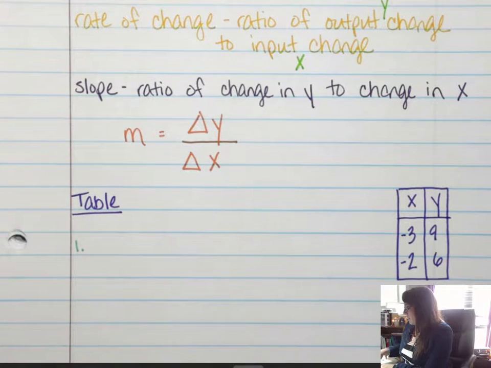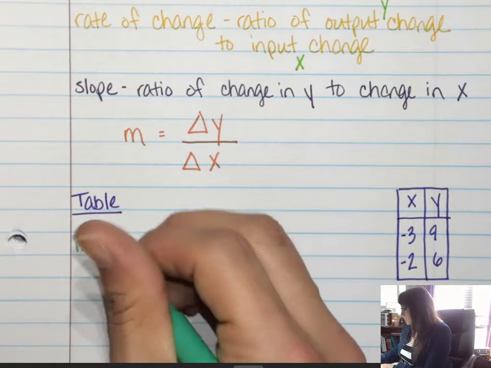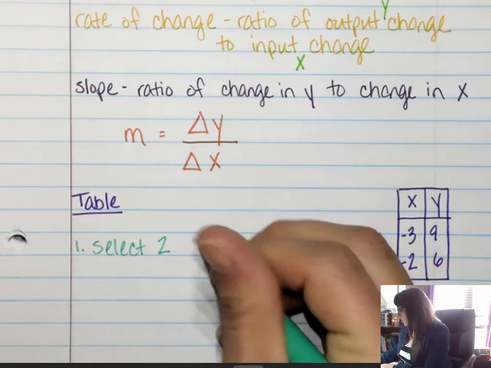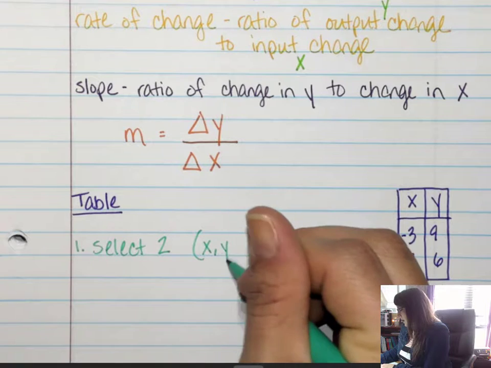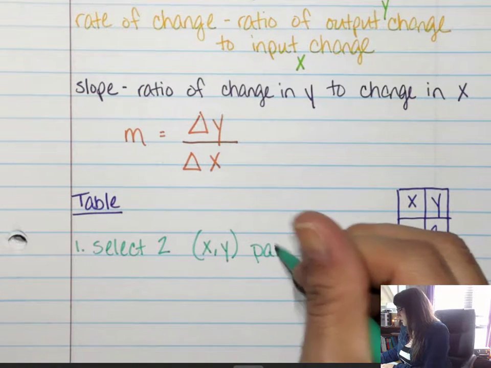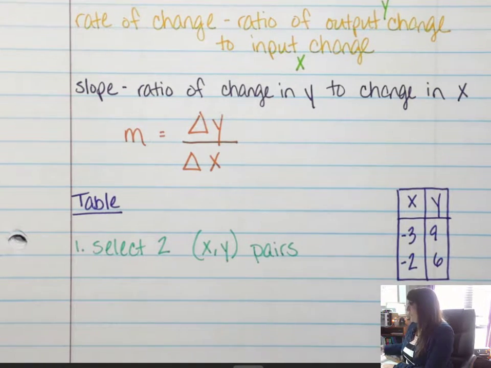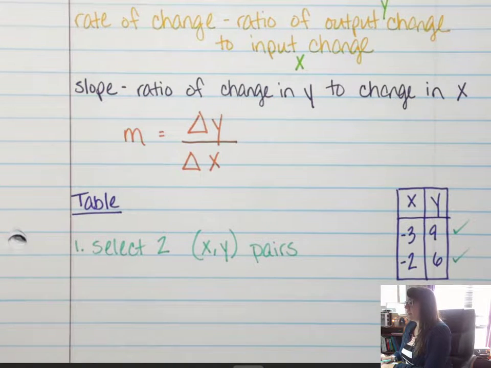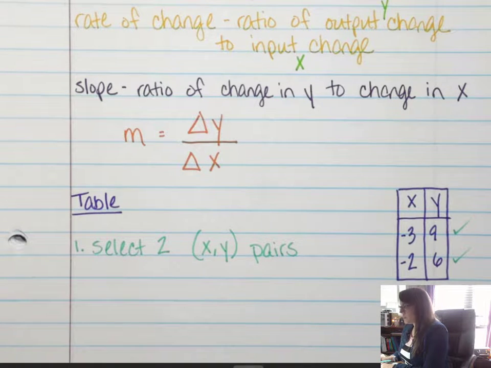So step 1, select 2 x, y pairs. I'm only giving you 2, so we're going to use those 2. So this one and this one. I would pick 2 easy ones. If 0, 0 is an option, always pick 0, 0 as one of your pairs.